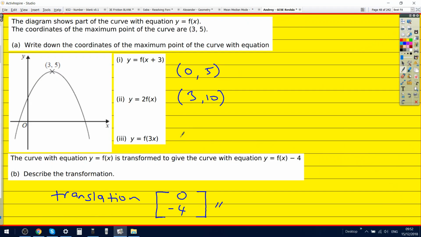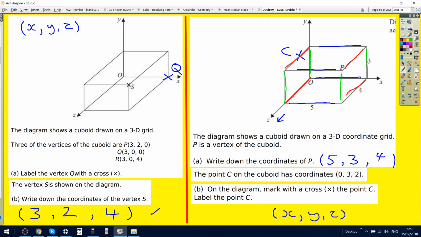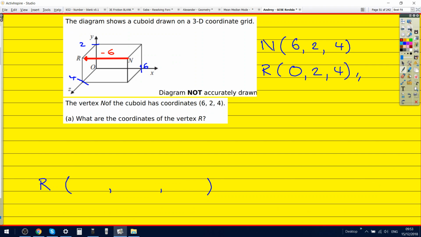What would be part 3 for this one? So it would be like, would it be 1-5? Yeah.